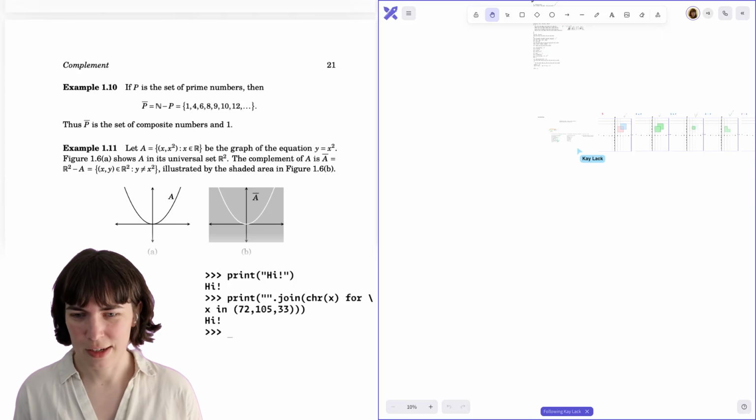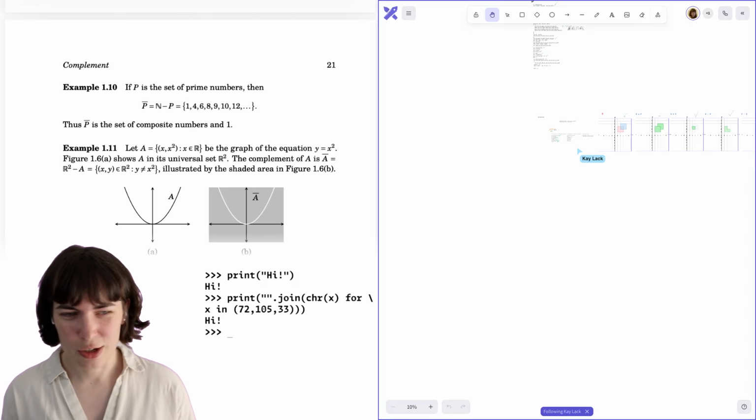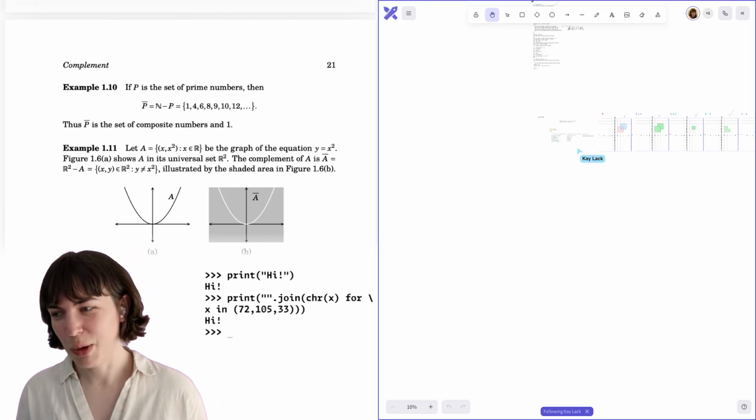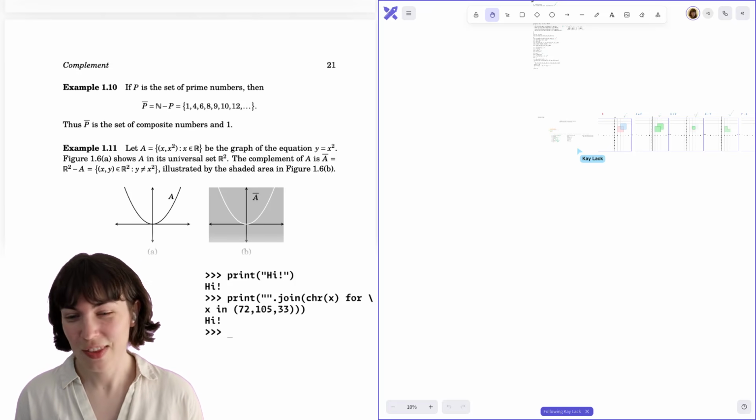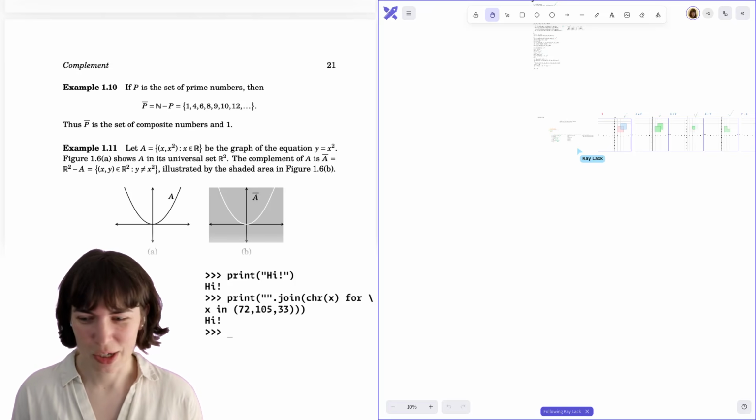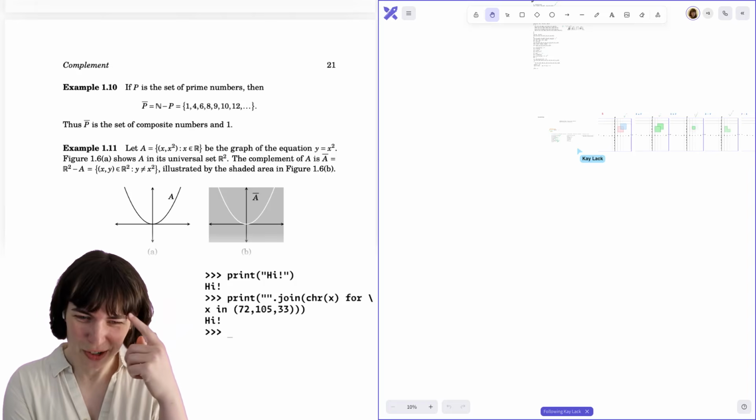It is a set. So if I want to prove P equals NP, which, if I could, I would, because that would be pretty wild for the world.